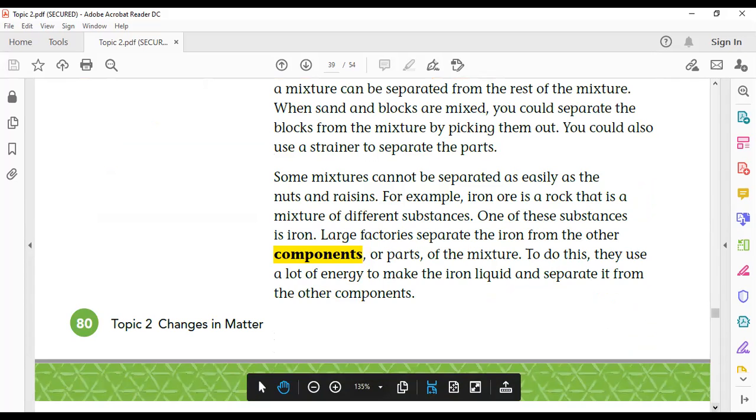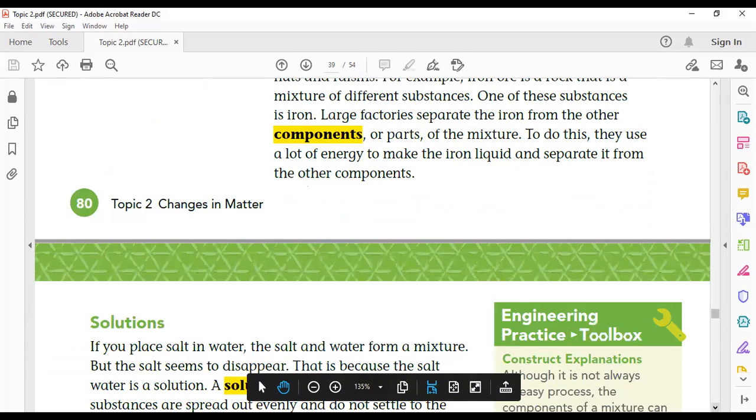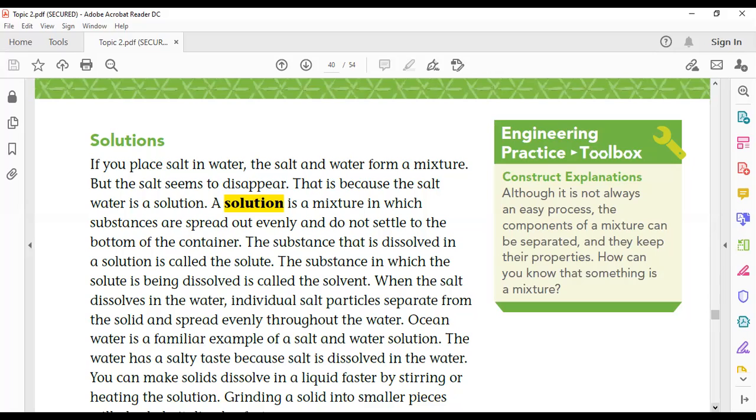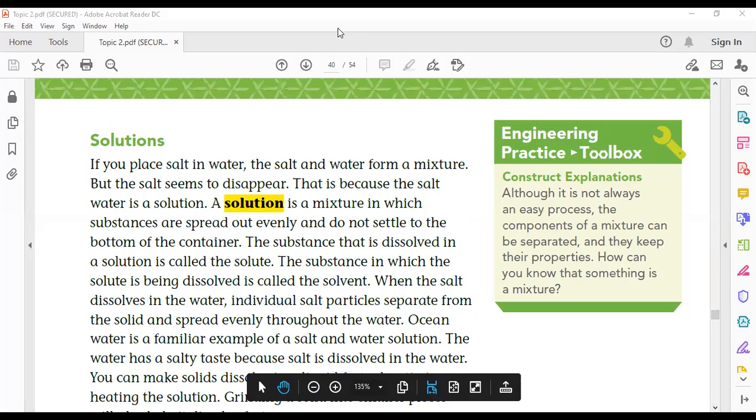Right. What is a solution? We are talking about mixtures. There is a special type of mixture called solutions. So a solution is a type of mixture. We can say that all solutions are mixtures.